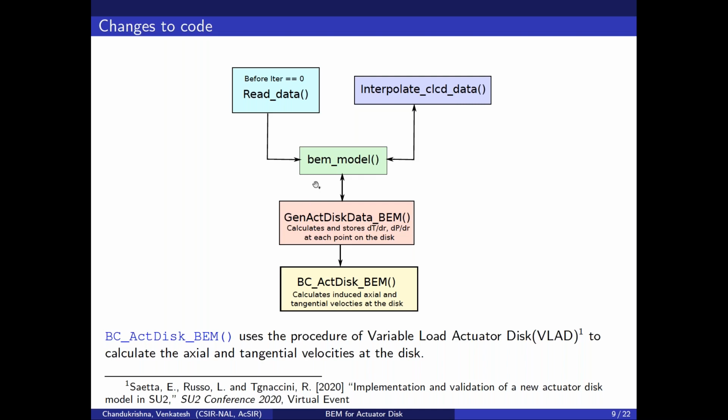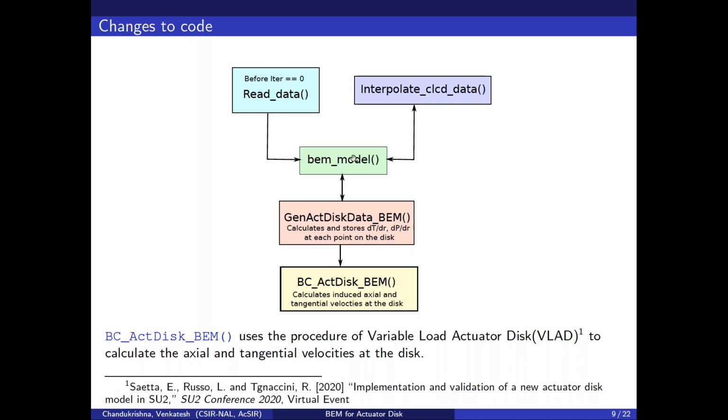To implement it into SU2, these are the changes made to the code. We can see that 5 extra routines were added to the C Euler solver class, and this read data routine reads the data which is given as an input before the start of iterations. And this gen AcDis data BM routine loops over all the vertices on the actuator disk, and it calls the BM model for every vertex.